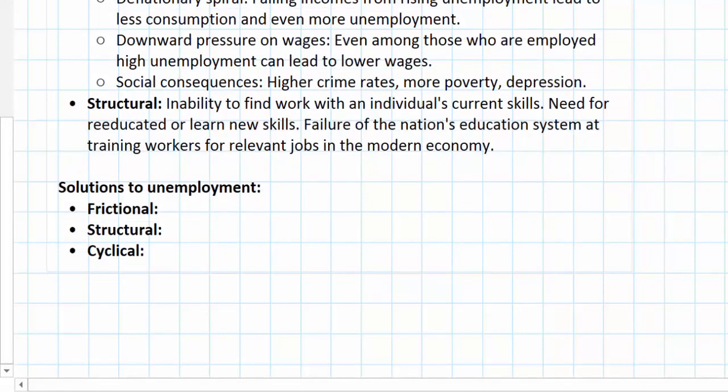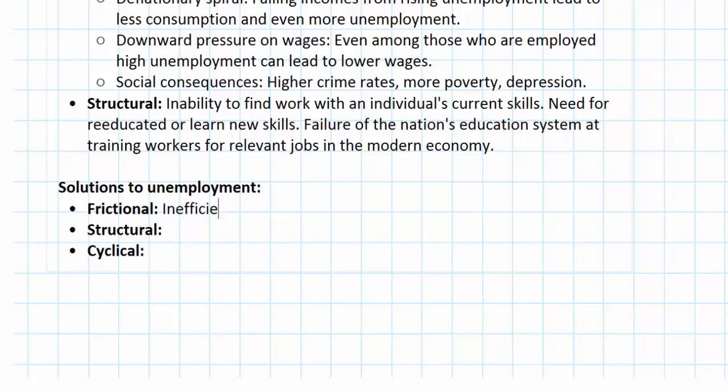This is a natural type of unemployment resulting from people being in between jobs or people entering the workforce for the first time. High frictional unemployment might be evidence of inefficient labor markets, or the inability for workers to find employers.